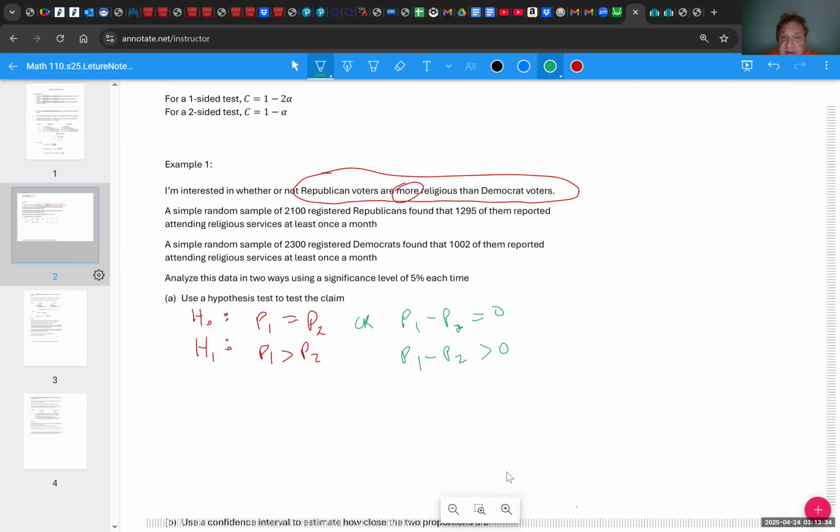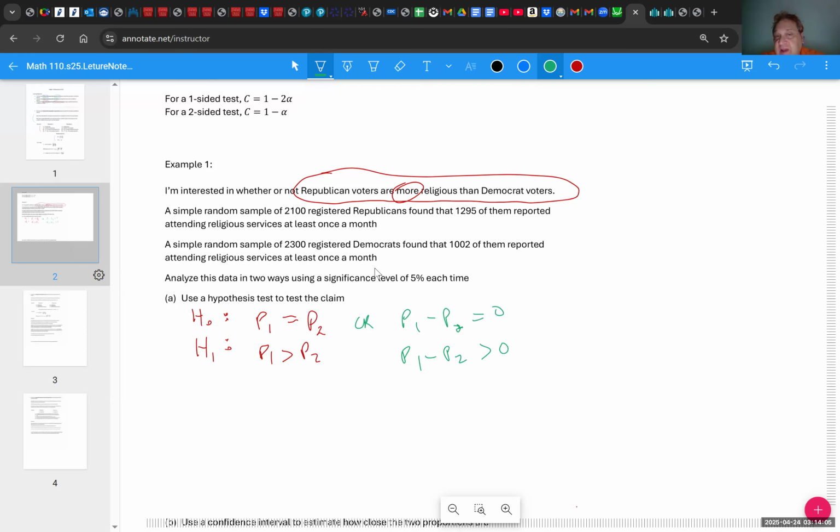So do we have independent SRS? Yes, we have an SRS for both population 1 and population 2. And asking a registered Republican does not influence whether I ask a registered Democrat. In other words, the registered Democrat won't change their opinion just because I asked some registered Republican that they have no knowledge about, right? So I'm not influencing one. They have no dependence relationship.